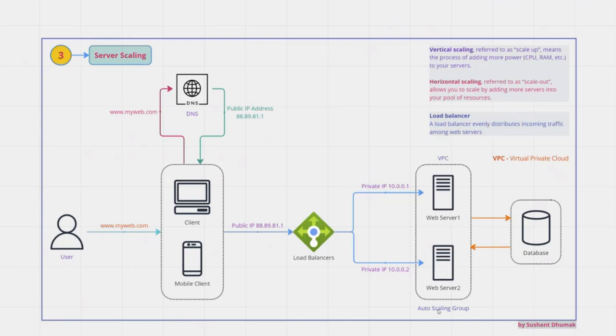So at that time, the auto scaling group will add more servers to this pool of web servers, and according to the increased load it will go up and down. It can reach the maximum limit that we have given, that is 6 servers. And whenever the traffic goes down, it will come back to two, because that is the limit that we gave.